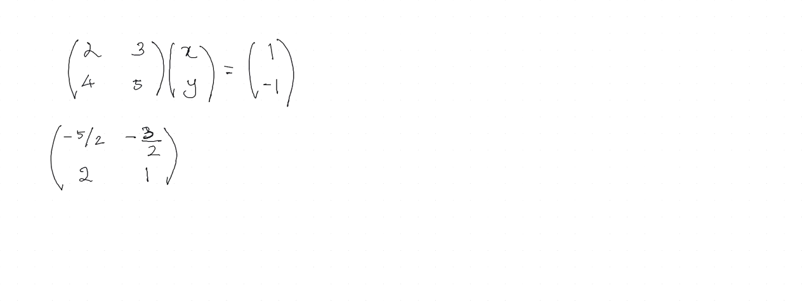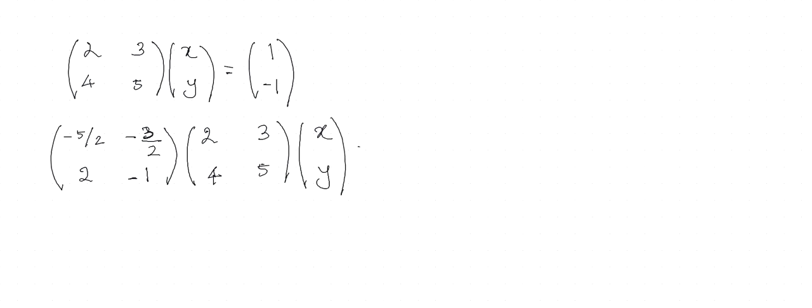So with this, when you pre-multiply both sides by 2, 3, 4, 5, this is three matrices, one after the other. You get that?